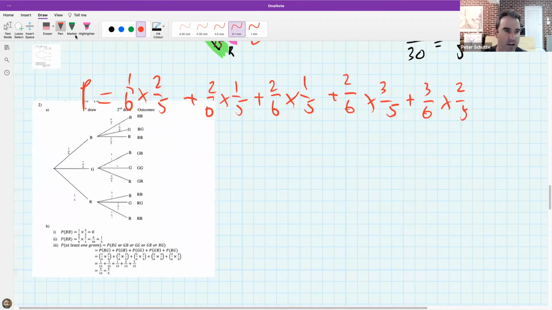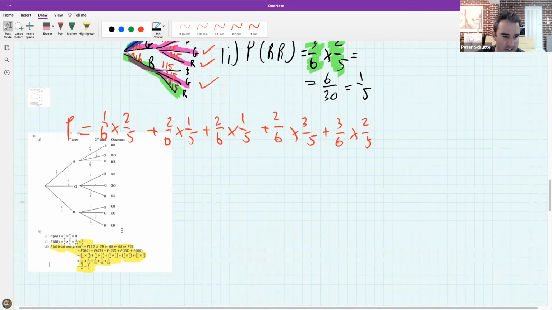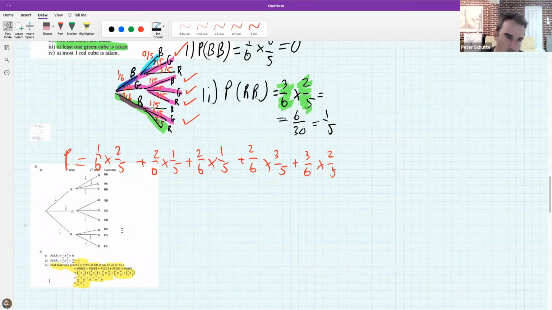It's this one down here. It looks more complicated when you look at it. The other thing you could have done is you could have gone 1 minus the branches that do not have green in, and you'll get the same answer. Yeah.